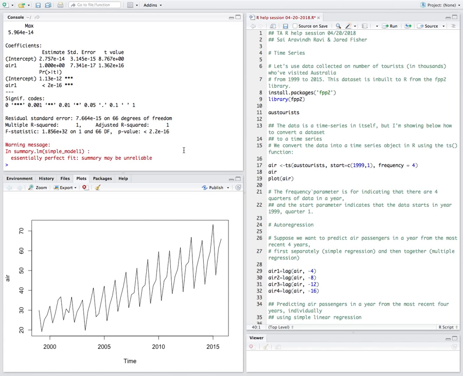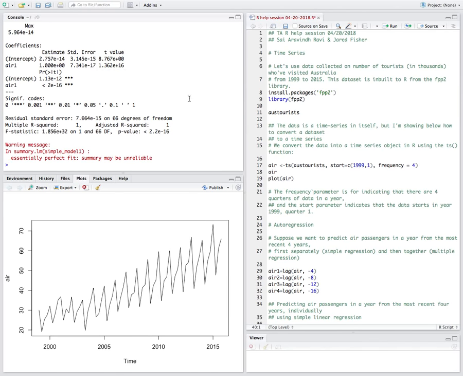That's fine, but you can see that the p-value for air1 is very small. So you can say that the first lag is significant, right? So it means that the first lag is significantly autocorrelated to whatever I'm going to predict now, right?